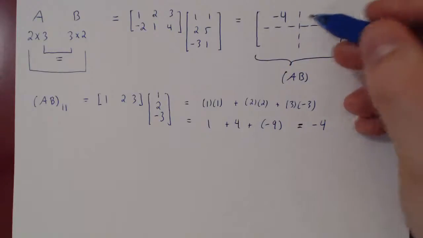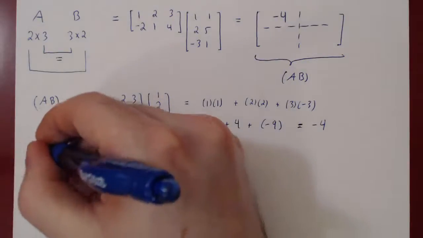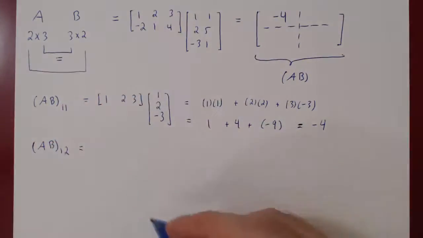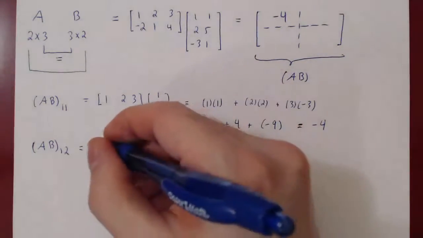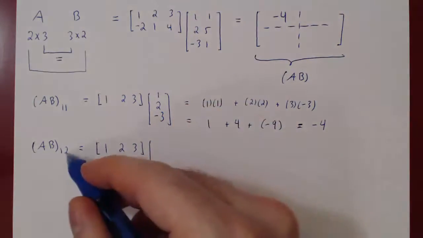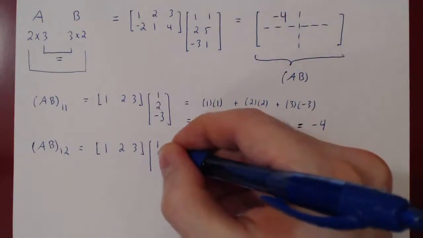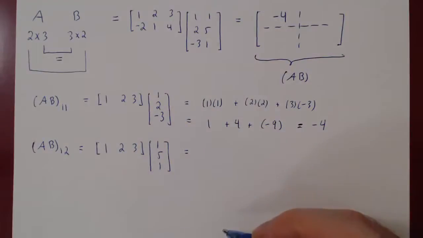Let's compute now the entry in row 1, column 2 of AB. Well, once again, we take the first row of A, 1, 2, 3, times now the second column of B, 1, 5, 1. And this is again easy, multiplying corresponding entries and adding them up.